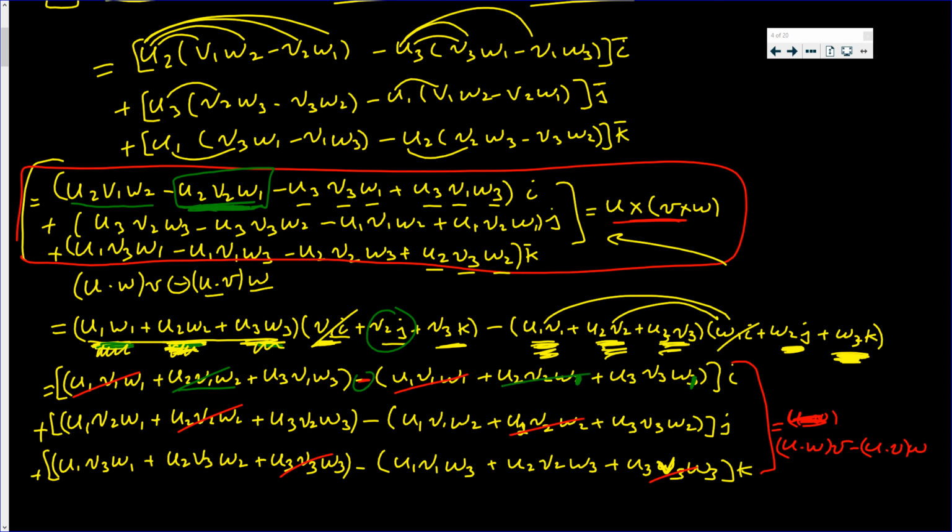I have this one. What about take away 3, 3, 1? Ooh, got it. Glad I fixed that. And I have to add 3, 1, 3. 3, 1, 3. Got it. Oh, the i's were exactly the same. It matched with this one. Let's see if the j matches.